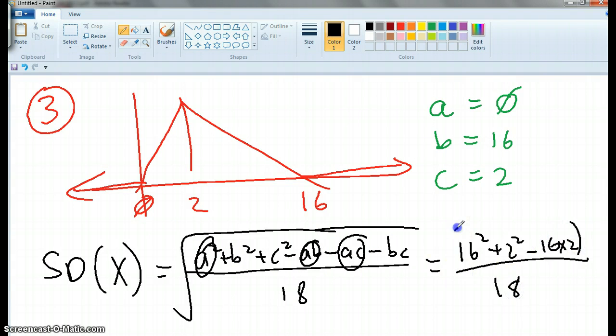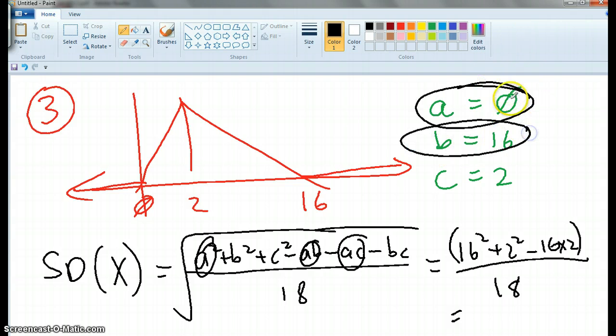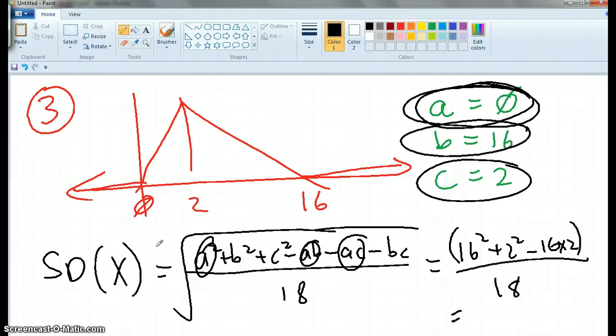Make sure you put those brackets in your calculator. Oh, ab and ac, because a is 0. So 0 times 16 is going to be 0, and 0 times 2 is going to be 0, and 0 squared is going to be 0. Otherwise I was going to run out of room. Okay, so you pop that in the calculator, so that's number 3a done.